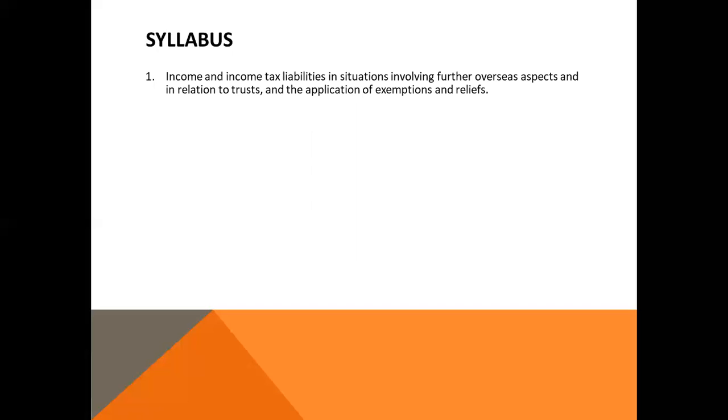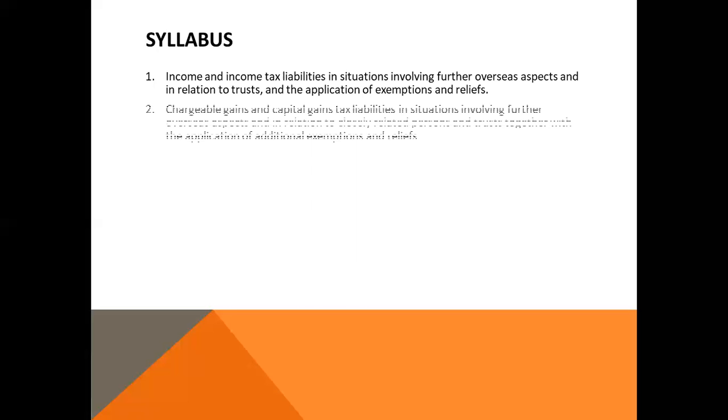This is a very big area of our syllabus. Number 2 is chargeable gains. Chargeable gains means you sold something and you earned money. I will explain this in detail.